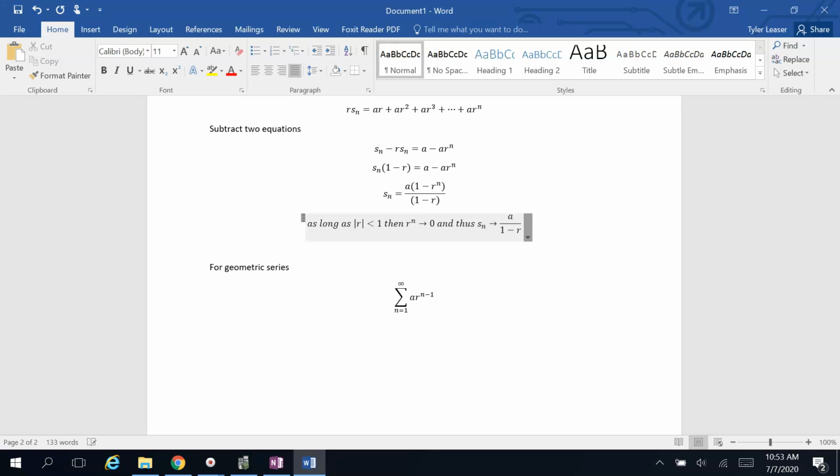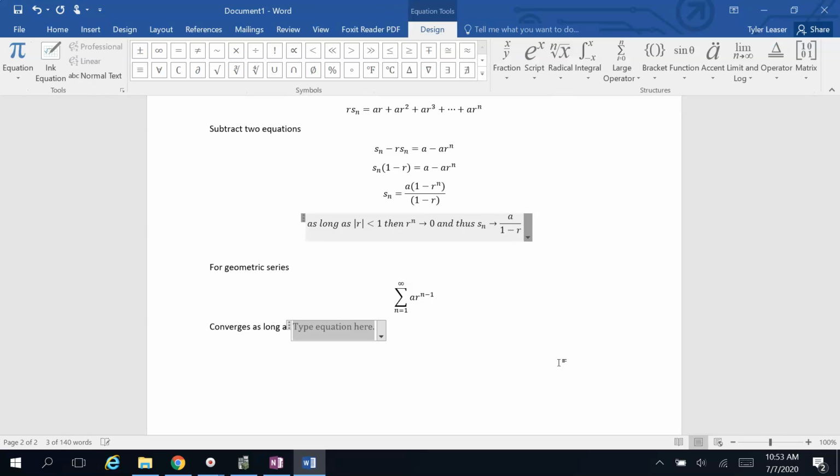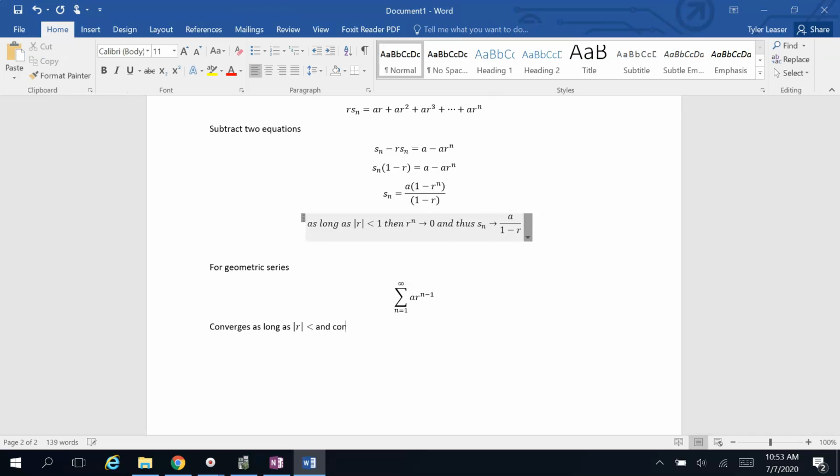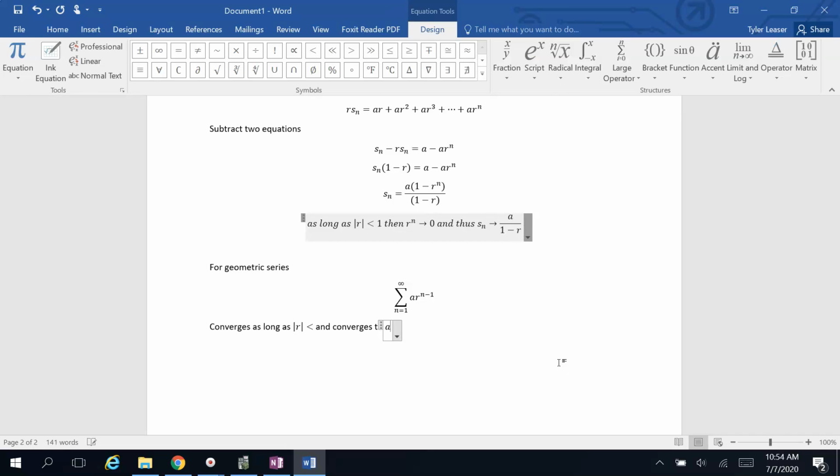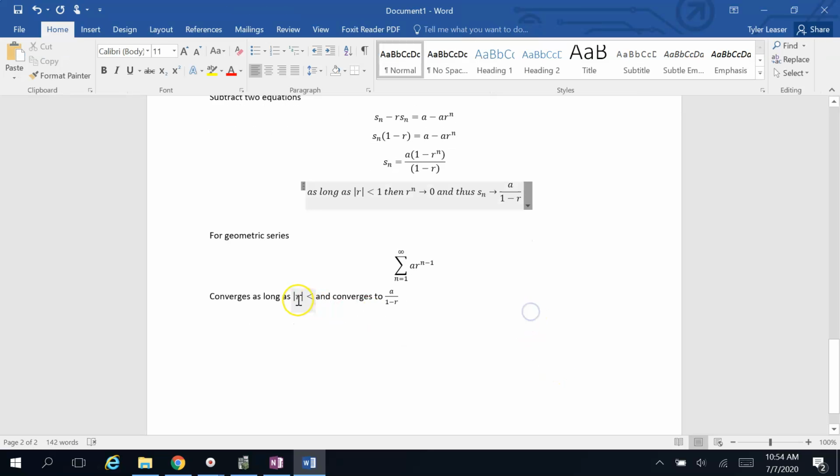This converges as long as the absolute value of r is less than 1, and converges to a over 1 minus r. If the absolute value of r is bigger than 1, then it diverges.